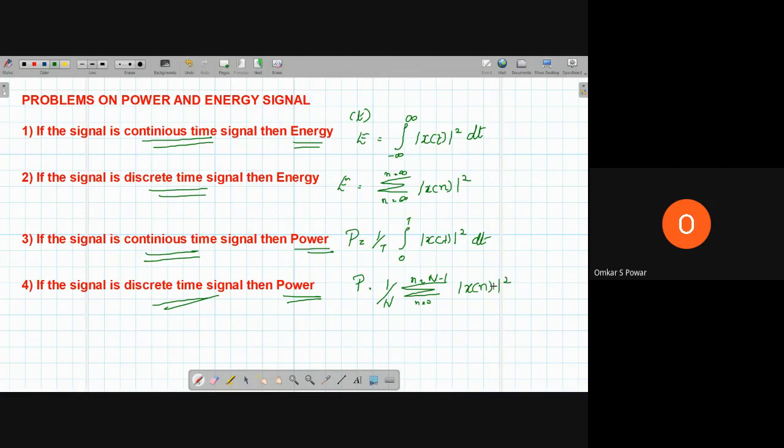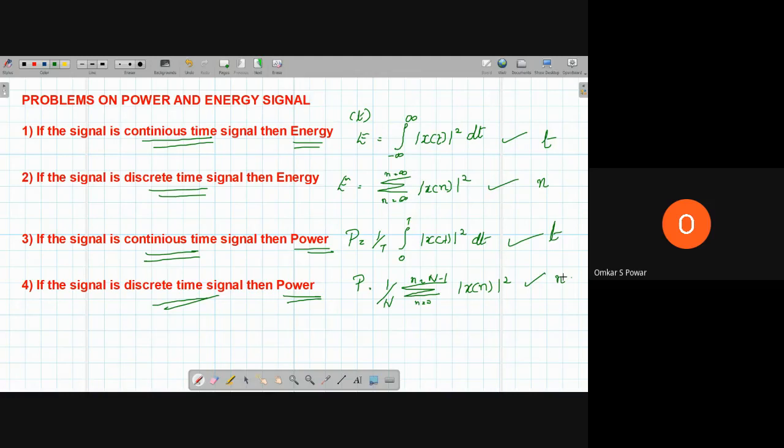So the formulas for energy and power, for continuous time and discrete time signals, have been given. Using these formulas, we are going to solve some problems.